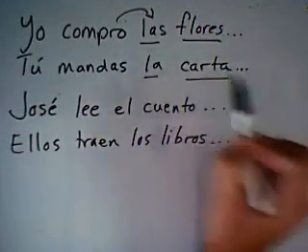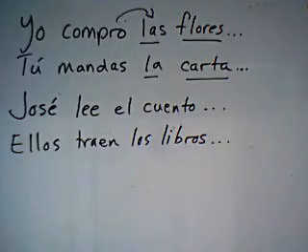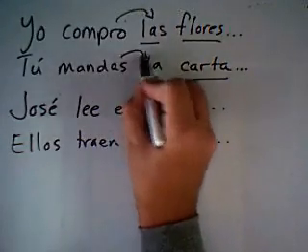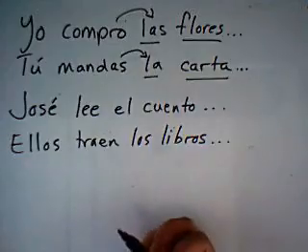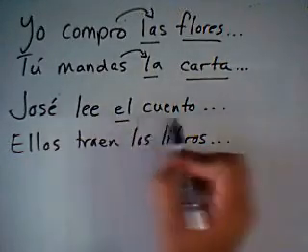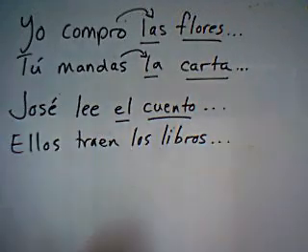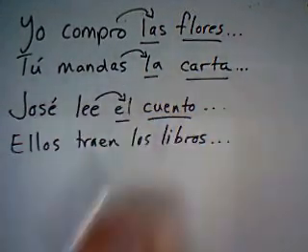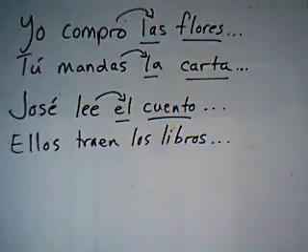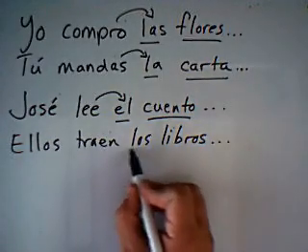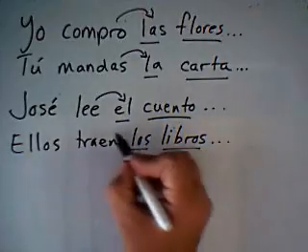La carta, singular, is the noun that directly receives the action from the main verb. In José lee el cuento, the short story, el cuento is the noun, singular and masculine, that directly receives the action of that main verb. And in ellos traen los libros, they bring the books, we have a masculine plural direct object.